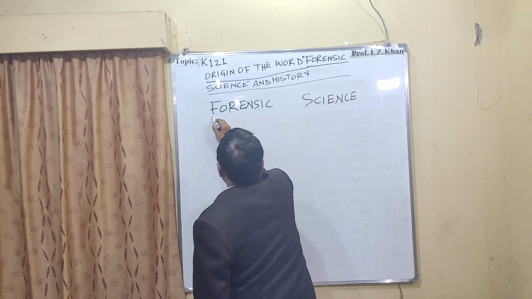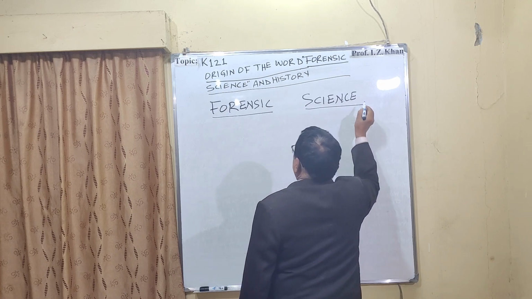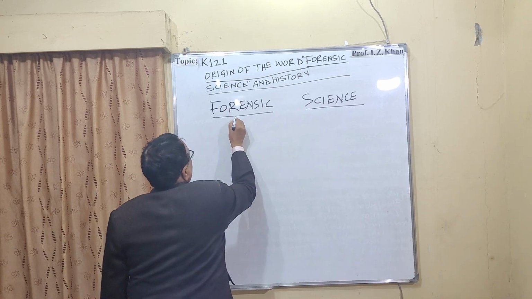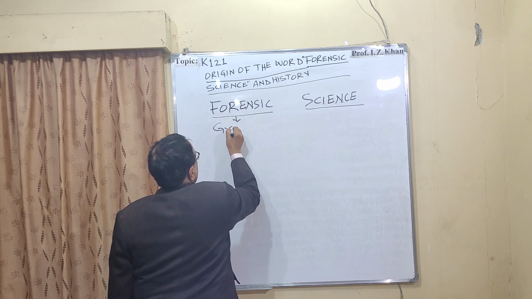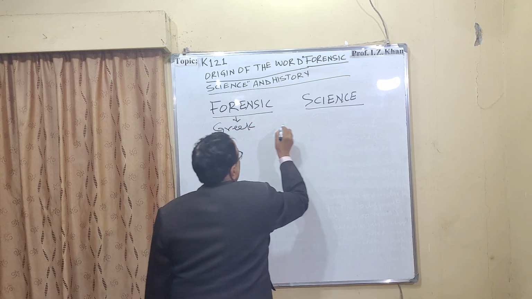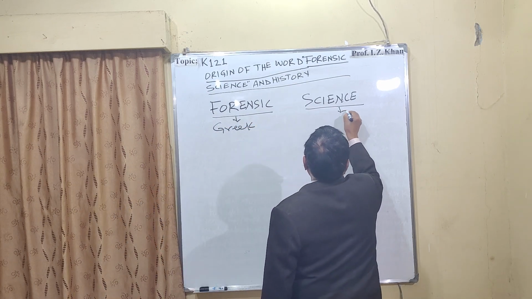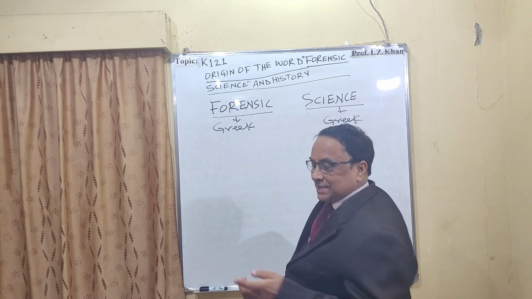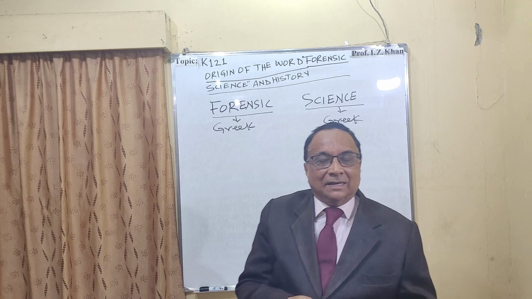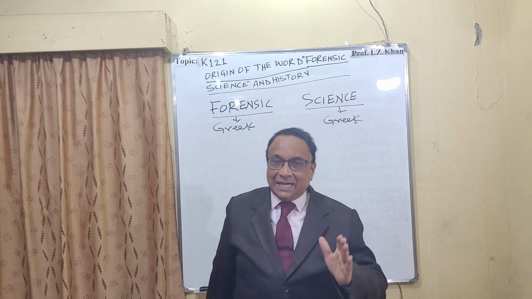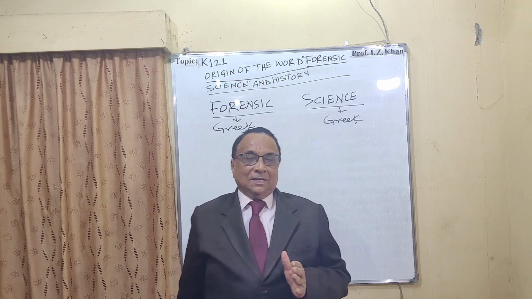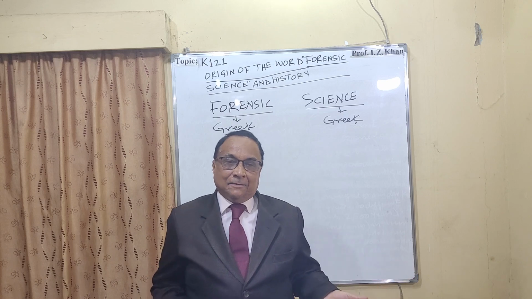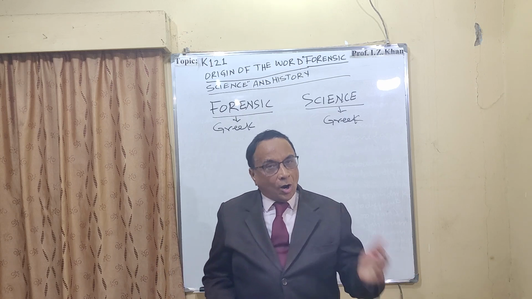Both forensic and science are originated from Greek, because forensic is not an English word and science also is not an English word. Both of them we can call Greek or Latin.